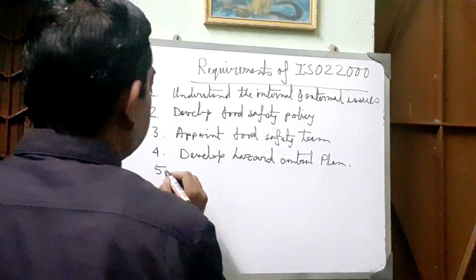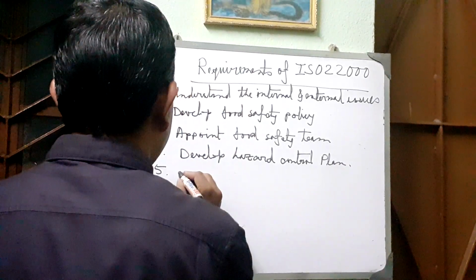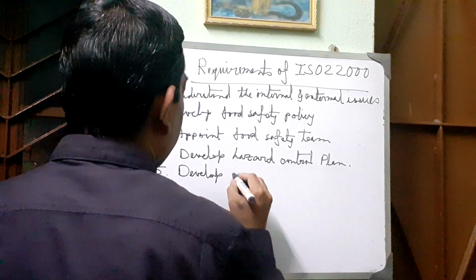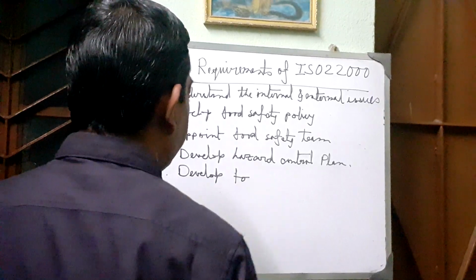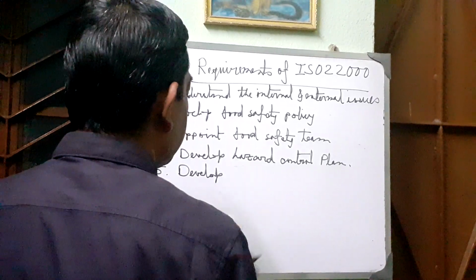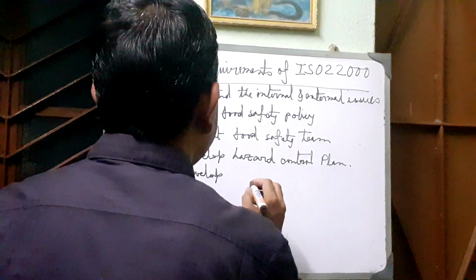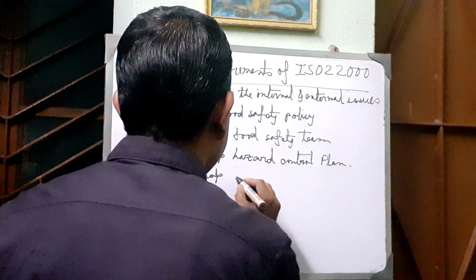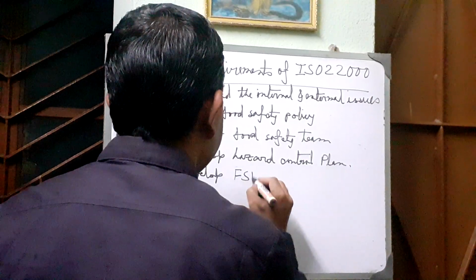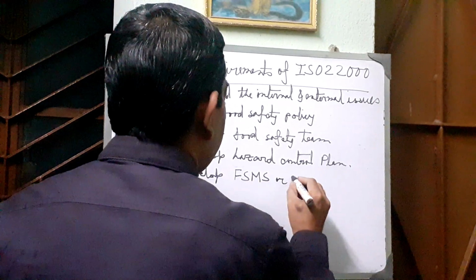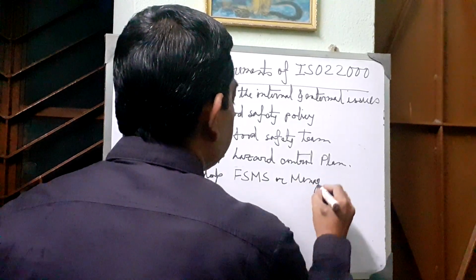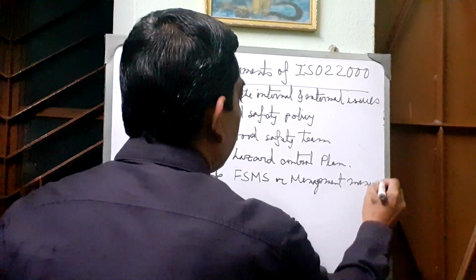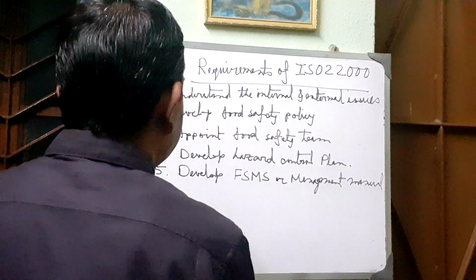The fifth one is to develop the FSMS or management manual. The sixth point is to implement food safety practices for PRPs.